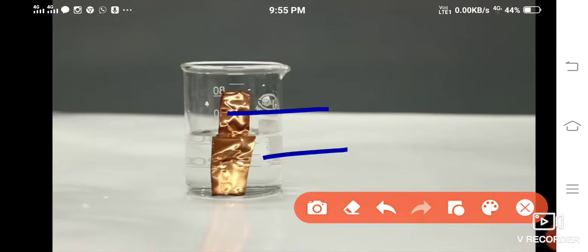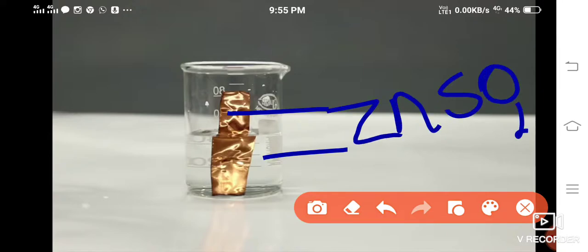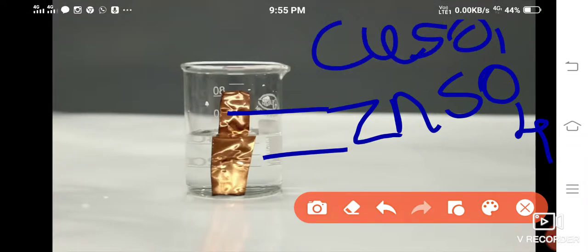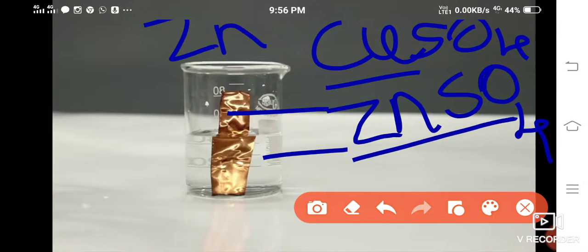See, now here this is zinc sulfate solution. Now there we had taken copper sulfate solution, but zinc being more reactive than copper, that is why zinc displaced copper. Now here you are taking zinc sulfate solution.